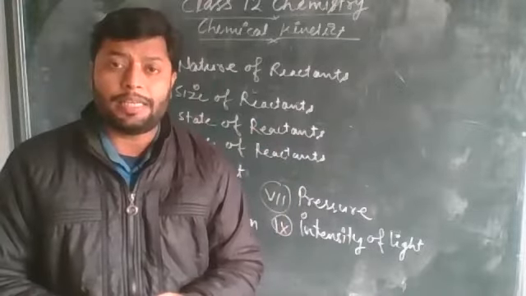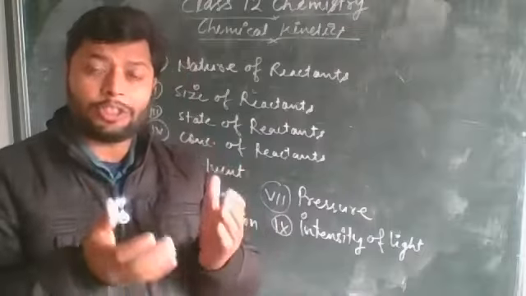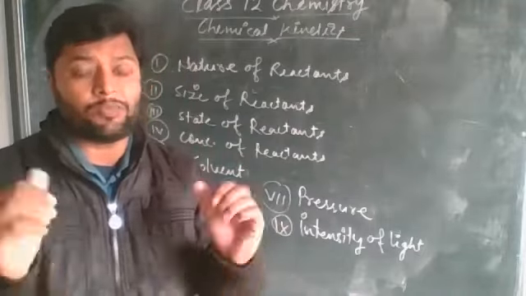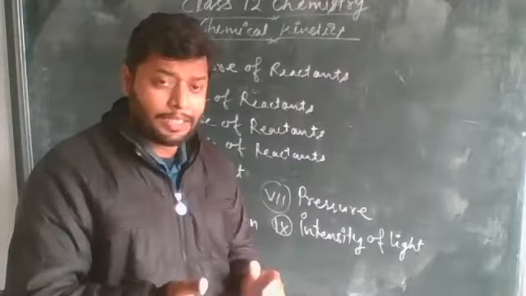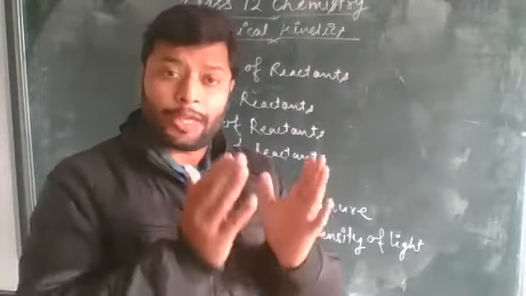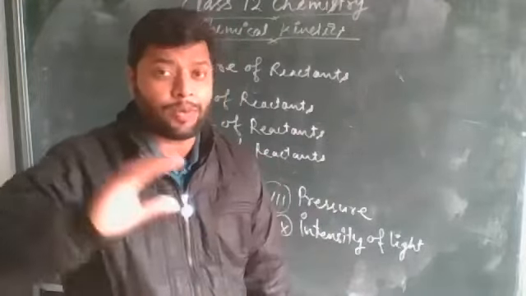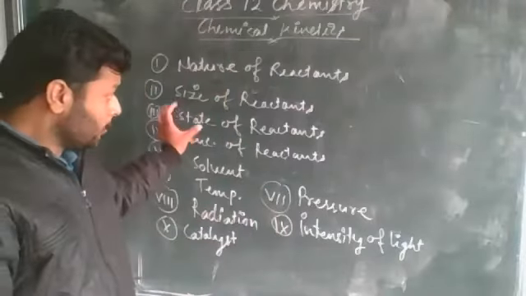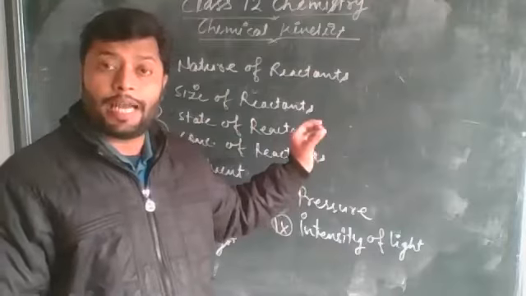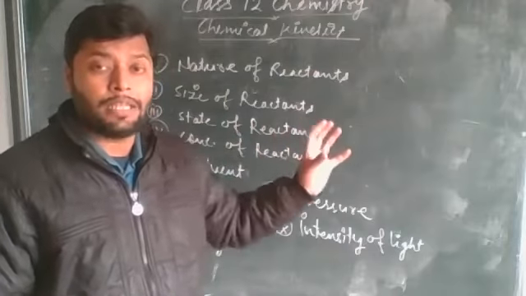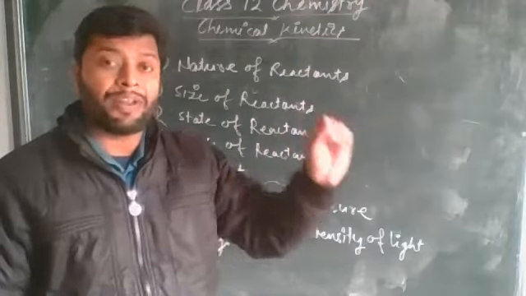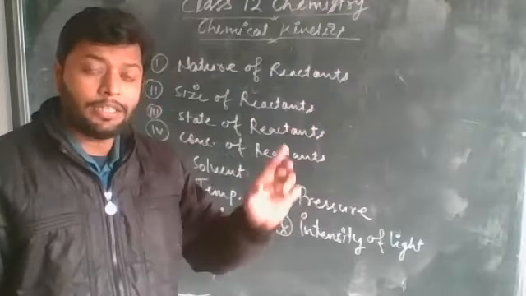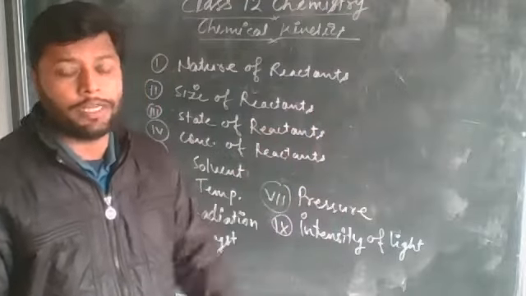State of reactants indicates whether the reactants are in the solid phase, liquid phase, or gaseous phase. It is believed that the kinetic energy and thermal energy are generally very high for gaseous molecules, and that is why reactants in the gaseous phase can collide more frequently compared to a liquid or a solid.